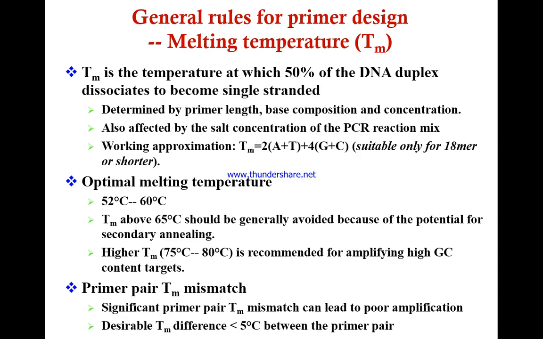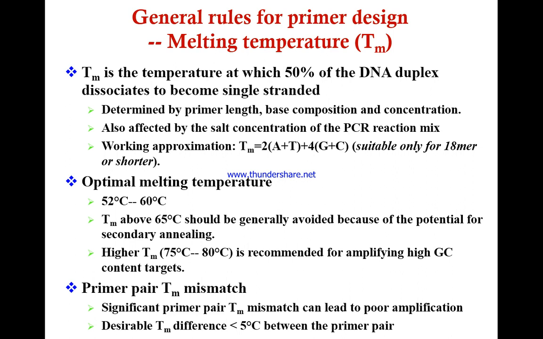General rules for primer design: melting temperature. The Tm is the temperature at which 50% of the DNA duplex dissociates to become single-stranded for denaturation. It is determined by primer length, base composition and concentration, and is also affected by the salt concentration of the PCR reaction mix.